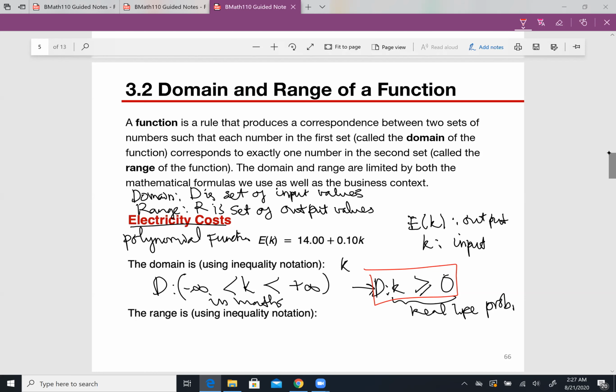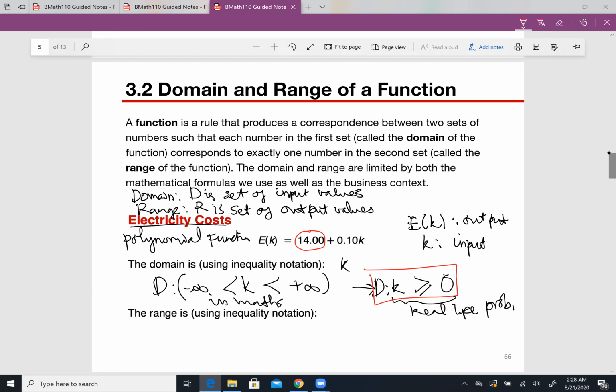And remember that this is an increasing line about the electricity cost, and you're going to see there is a fixed cost in here, which is 14, and it's added with something which is growing, right?